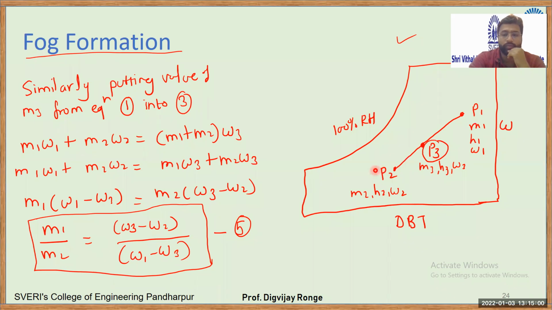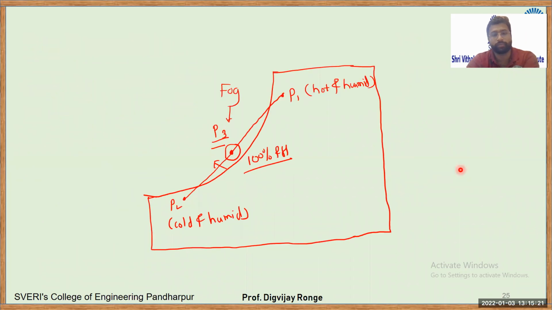Then we have the state at point 2. These are the two streams which are going to be mixed together in adiabatic mixing. Okay, and the resultant condition will be this point P3. So we have M3, H3, and W3. Okay, so I hope it is clear to you. It will be more clear once you start solving the numericals.